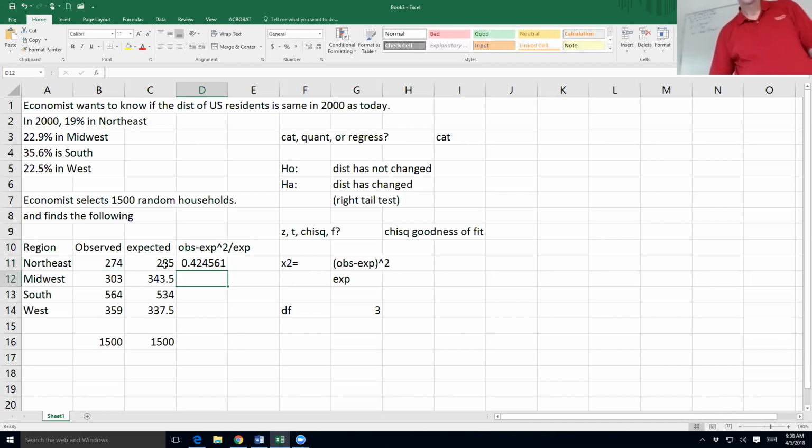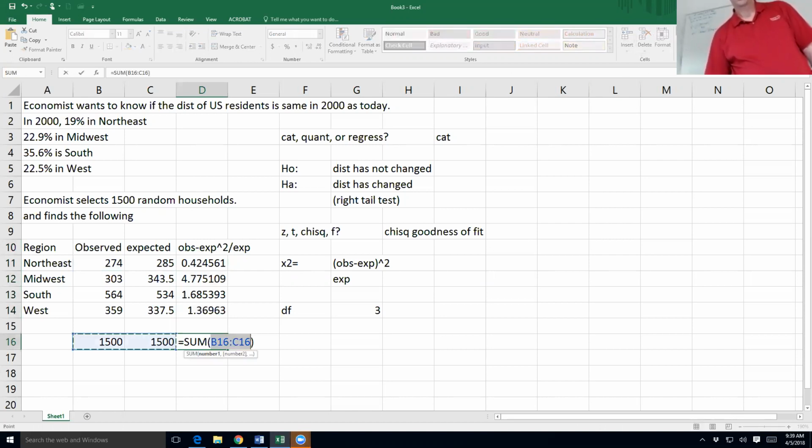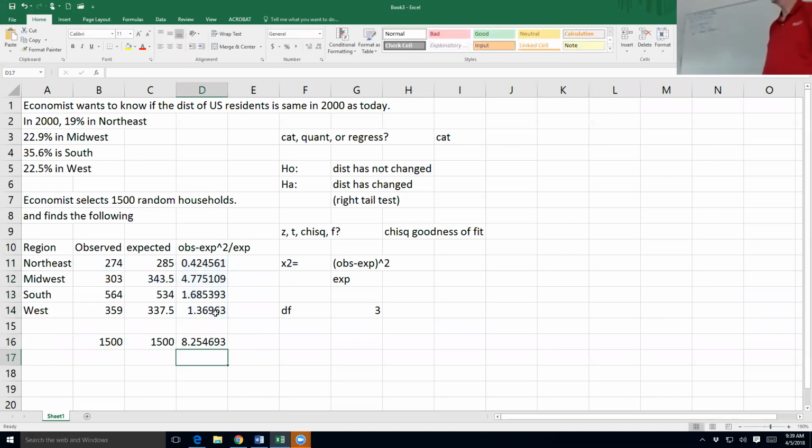Okay. I am going to copy that formula down, and I'm going to add them up. Auto sum. Oh, no, don't want to add that up. I want to add this up. Okay. Now I got the value of 8.25.